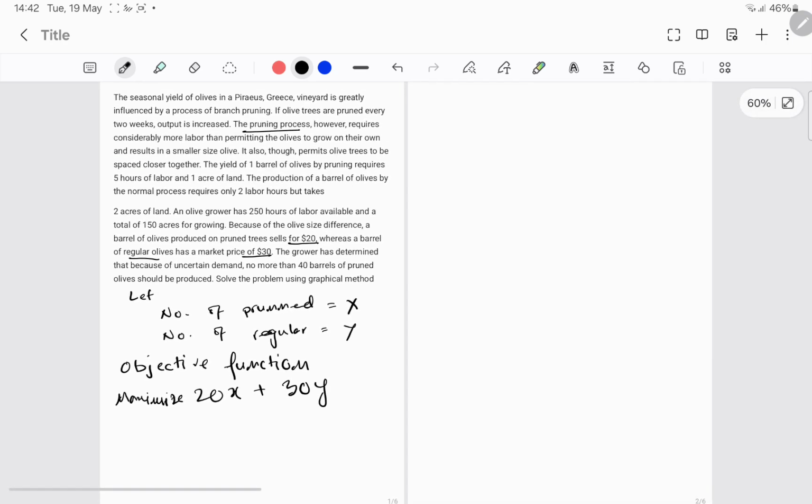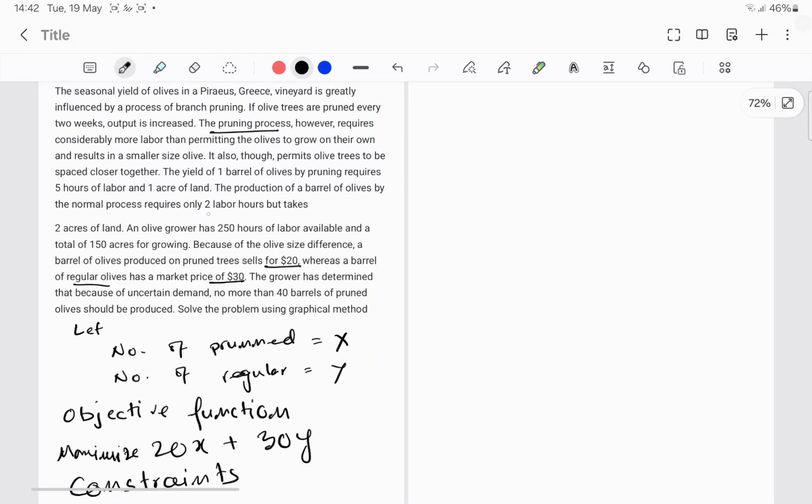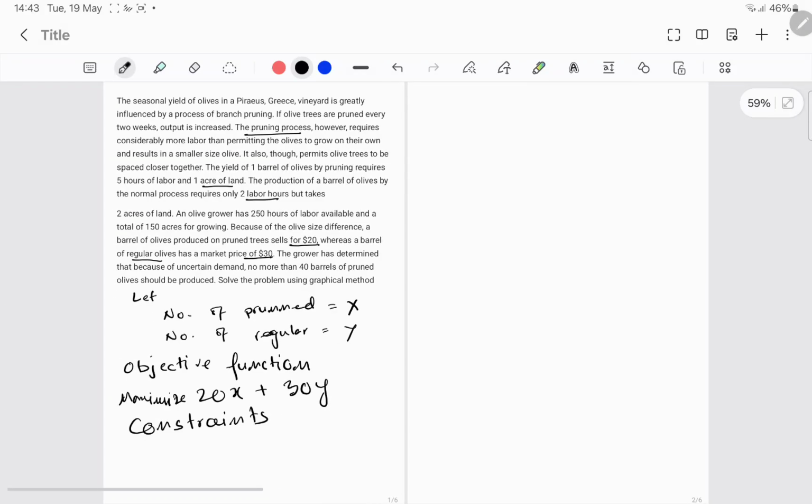Now we have a couple of constraints in here. We'll write the constraints. There are two resources given here. One is labor hours and another one is land, and these are our constraints because these two things are limited. Given one is there are 250 hours of labor available and 150 acres of land available.